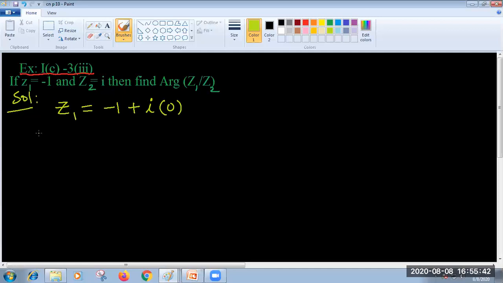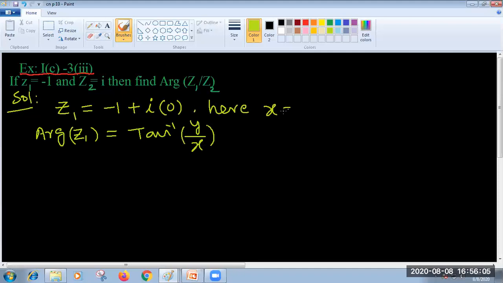Argument means amplitude. Here argument of Z1 is equal to tan inverse y by x. So here you can write x value minus 1 and y value is 0, comparing with the standard form.